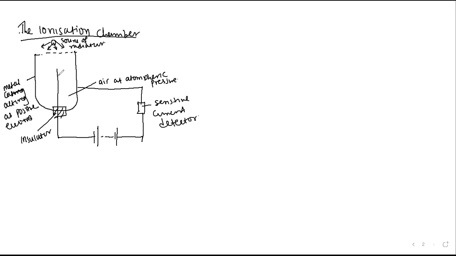This one is a brass rod acting as a negative electrode. Which is our negative what? Electrode. Now that is one way it can be drawn.